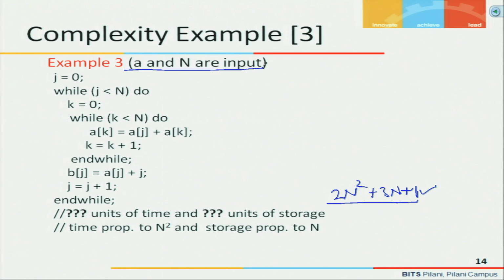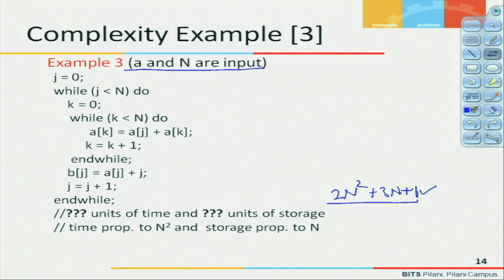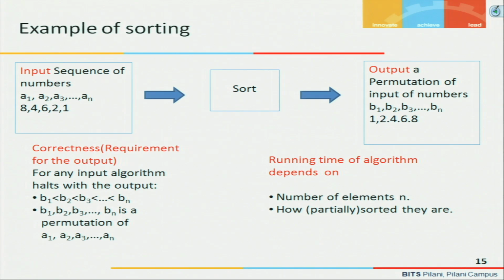Whatever order of input, the number of steps is precisely 2n squared plus 3n plus 1, which is not the case in the sorting example. In the sorting example, the number of steps that you might require to solve the problem might be different for different arrangements of the sequence of numbers.